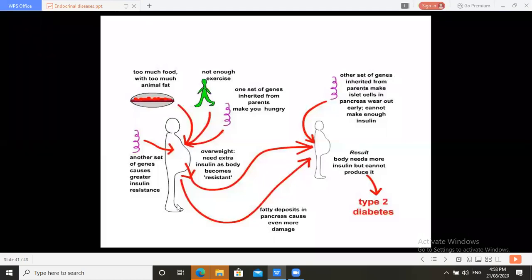Okay, so polyphagia. This polyphagia is due to insulin deficiency, which leads to decreased tissue glucose utilization, which again affects the adipose tissue. They increase the lipolysis, that is, there is release of free fatty acids. We just discussed these free fatty acids, and this gives rise to polyphagia.